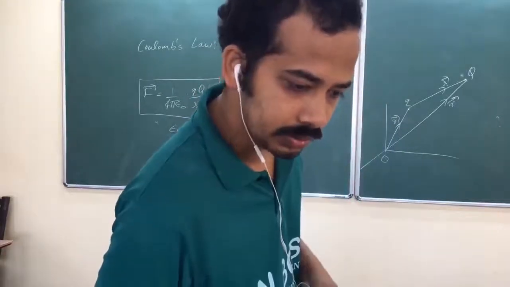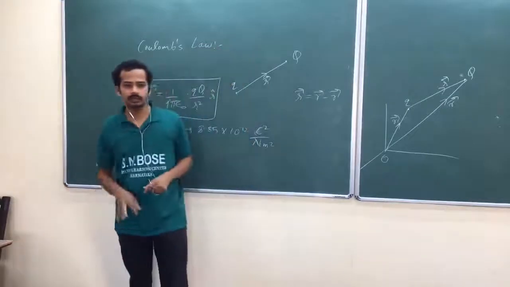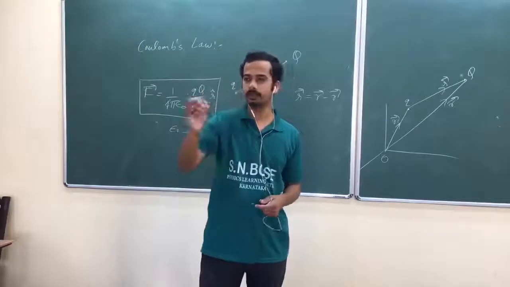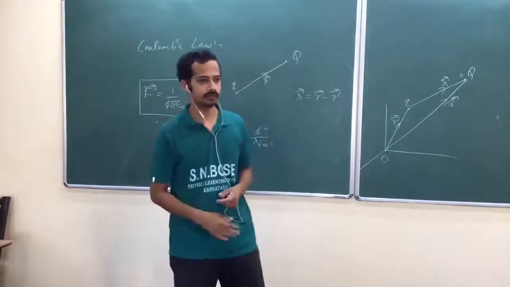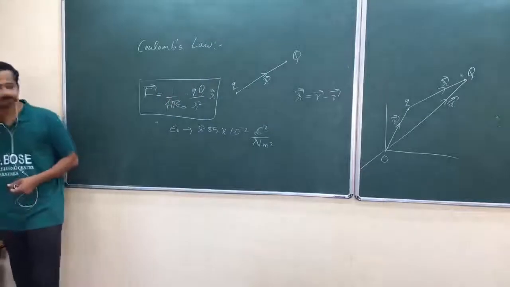Then he modifies that problem: if one charge at a vertex of the polygon is missing, what is the net force? Just try to solve it.